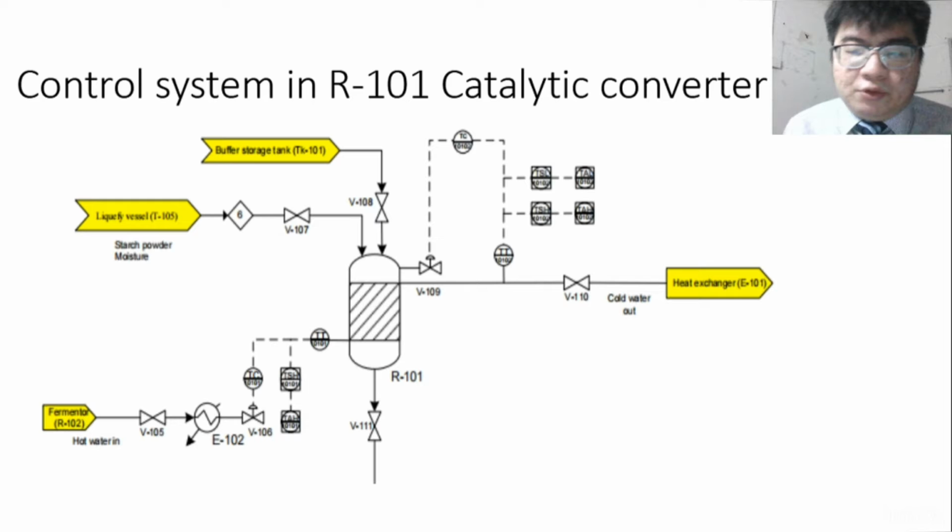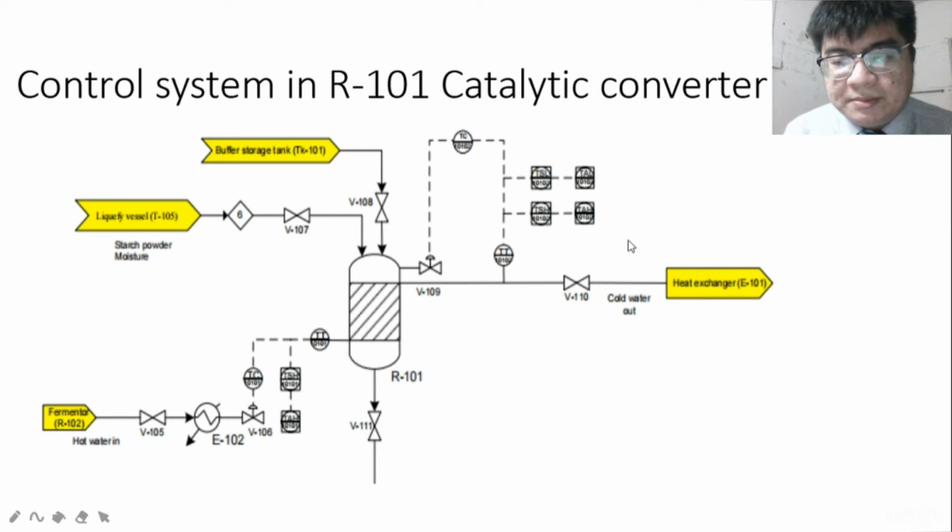The first control loop is the temperature in the tank and the hot water into the tank from the heat exchanger E102. The second loop controls the temperature in the tank and the cold water out from the tank, heat exchanger E101.